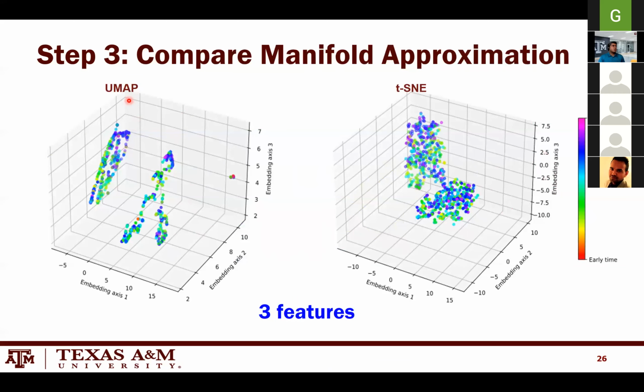As I mentioned, UMAP and t-SNE are popular manifold approximation methods. I'm not using t-SNE here because t-SNE, no matter what I do, is not letting me see groups in the data. I'm using an unsupervised method, so I need to see my data better. But with UMAP, I start seeing groups. We have tuned the hyperparameters of UMAP, which means we have tried a lot of different combinations of hyperparameters.